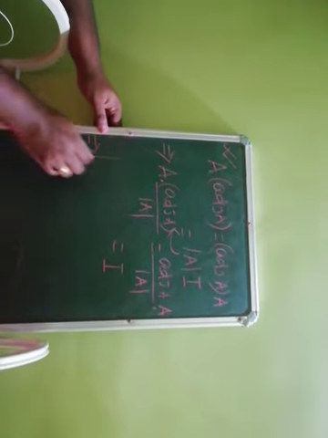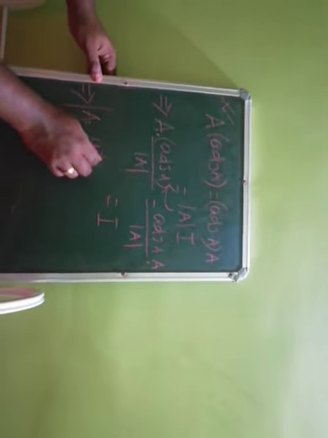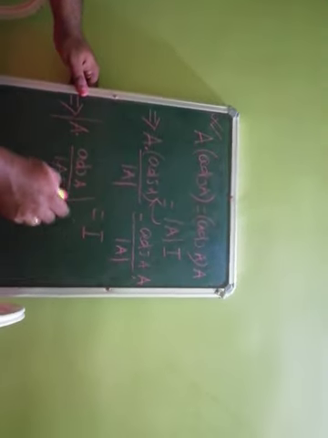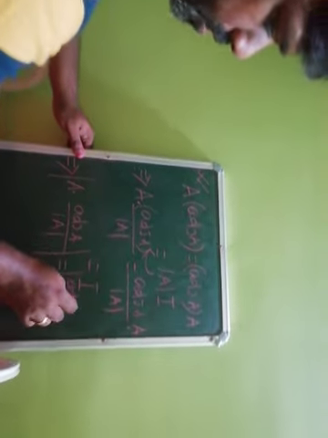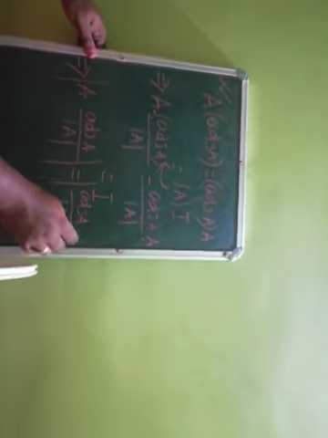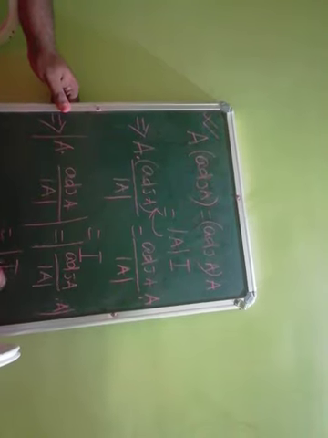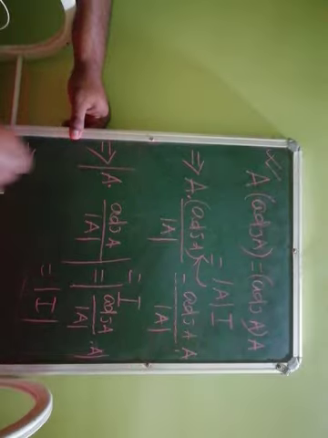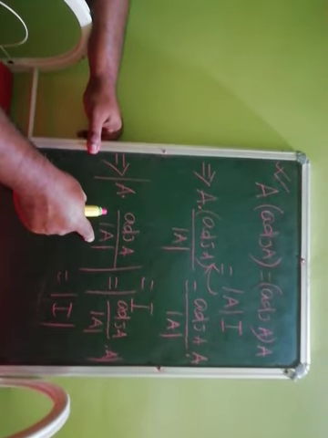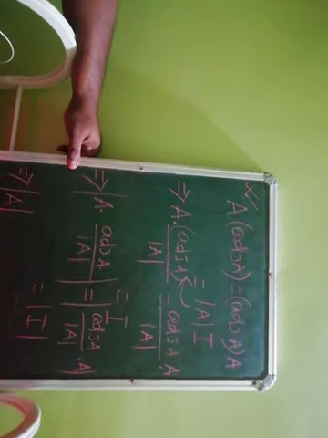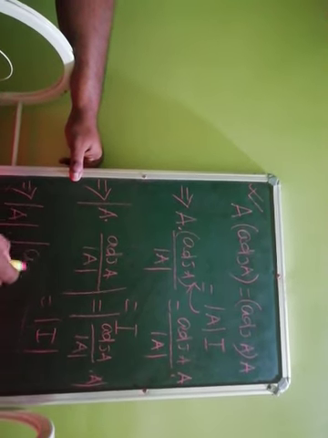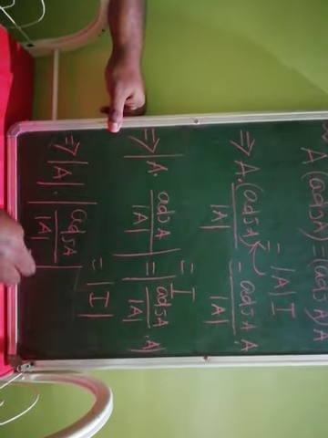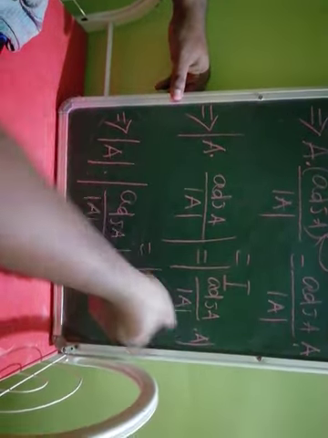So determinant of A into adjoint of A by determinant of A equals determinant of adjoint of A by determinant of A into A, that is determinant of A. We can use again the property determinant of A into B is determinant of A into determinant of B. So, determinant of A into determinant of adjoint of A by determinant of A. This is the same.